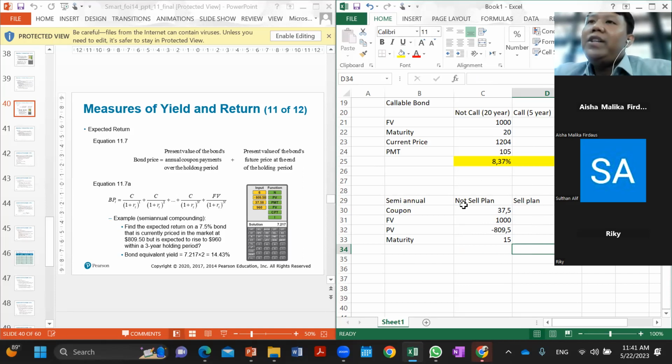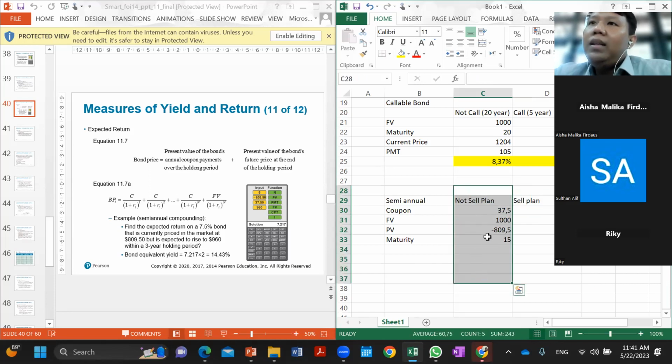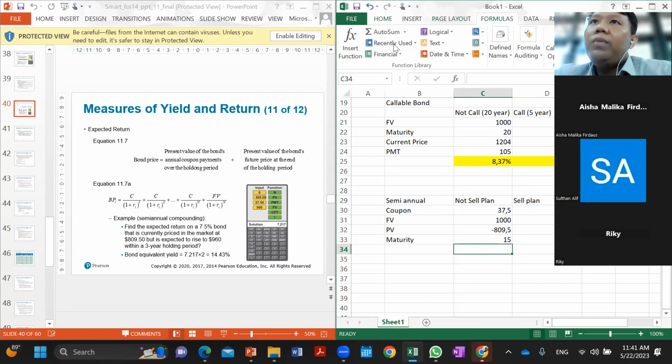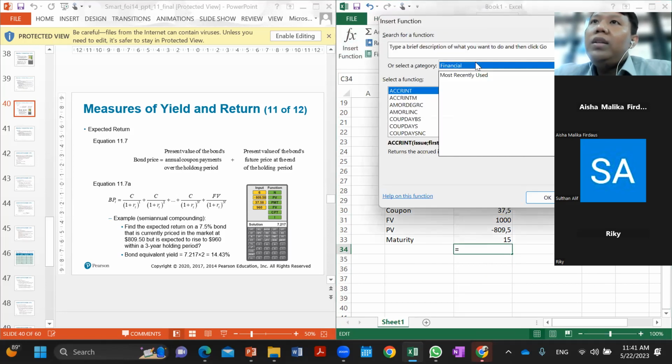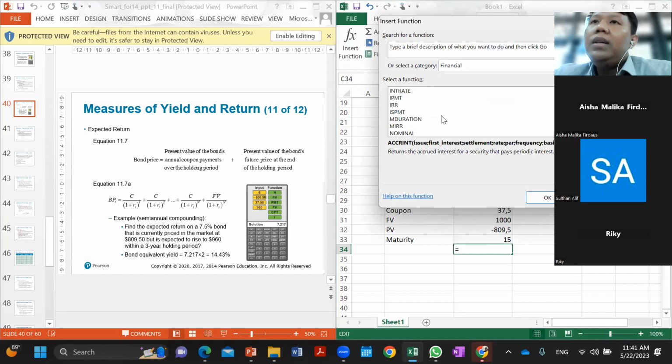But the difference between the first column and the second column is that the first column, we will not sell this bond after 3 years. We will hold this bond until maturity. And we will receive face value at the maturity, which is 1,000 US dollar. So we go to formula, function, financial, and then we go to rate.